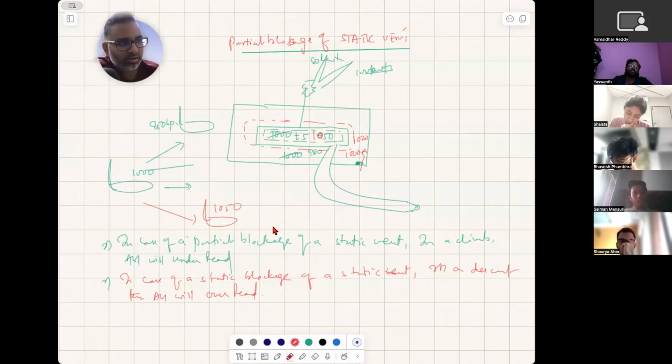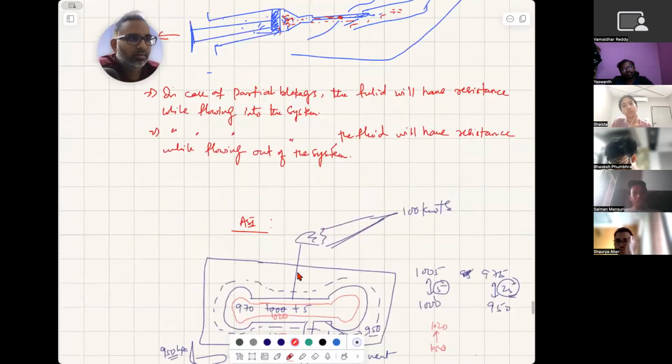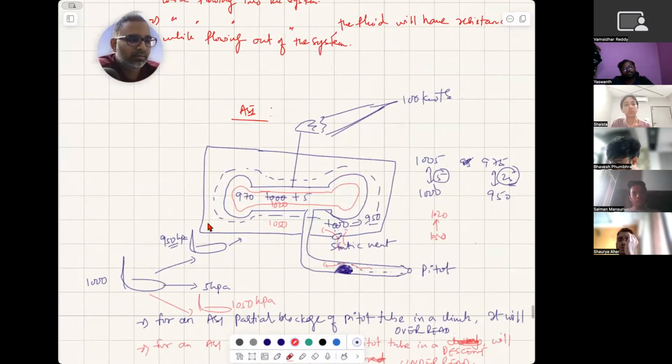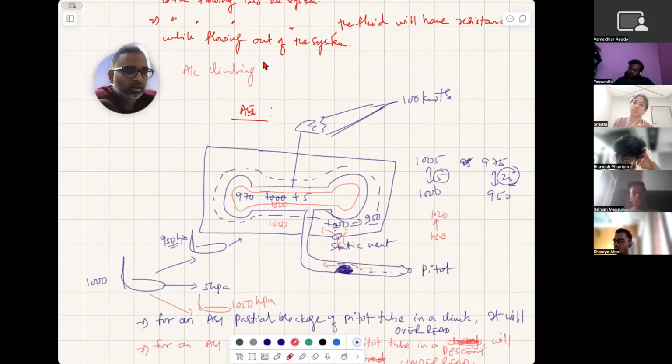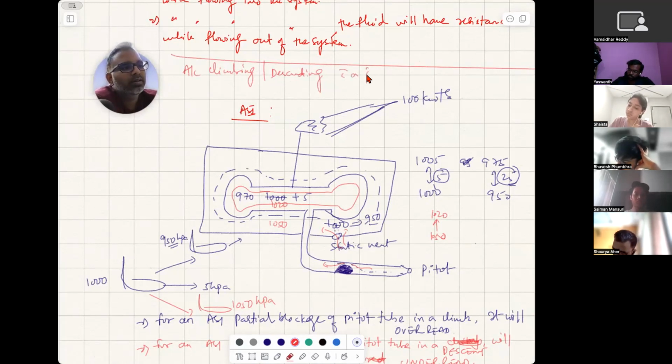Okay, write down these things. Topic name: aircraft climbing or descending with a partial blockage at the same speed, not indicated airspeed.